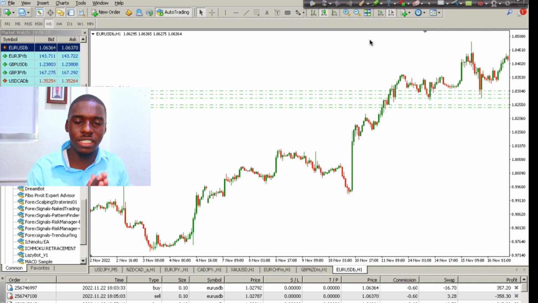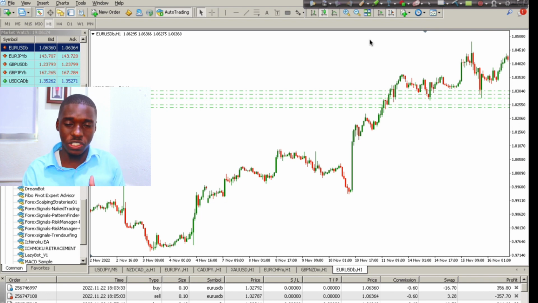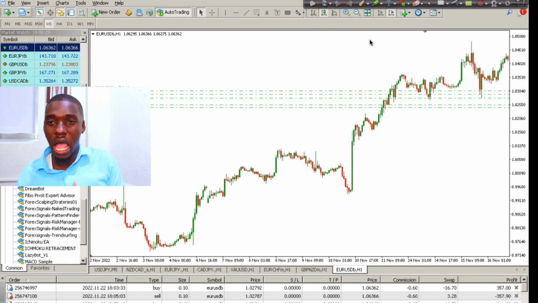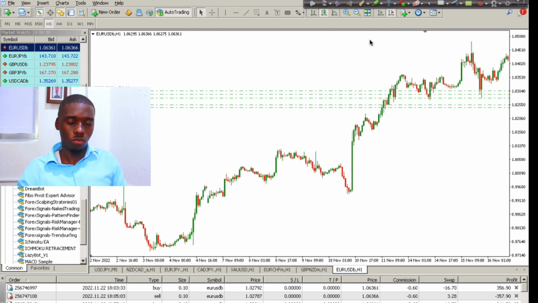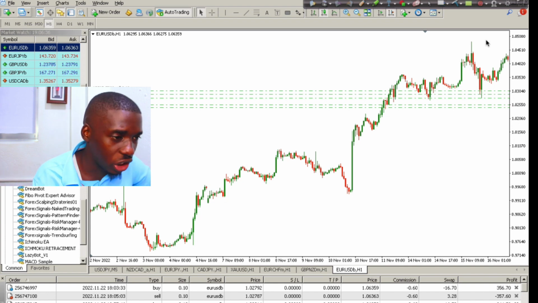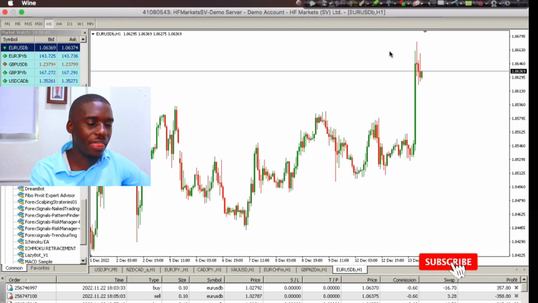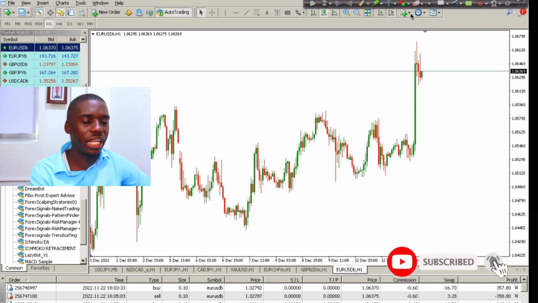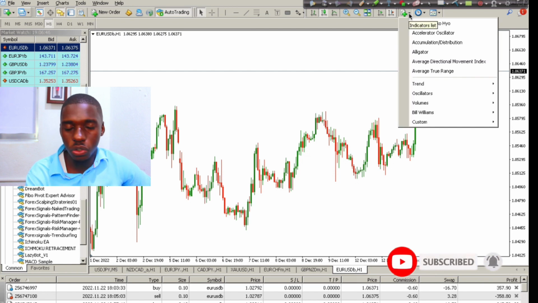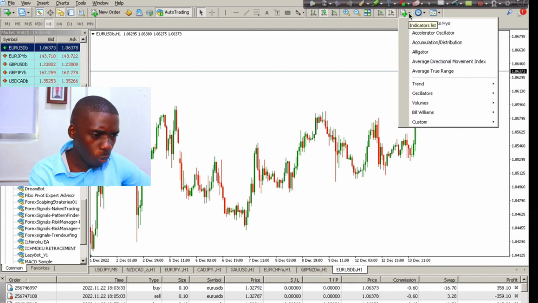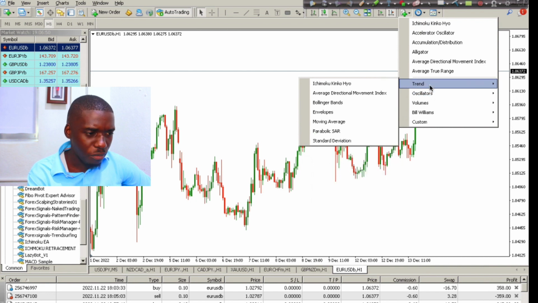So you need to know which moving average in particular you are using: the simple, the exponential, the weighted, and whether you are using one moving average, or 2 or 3. We tend to use those because they help us in one way or another by showing us the direction of the trend.